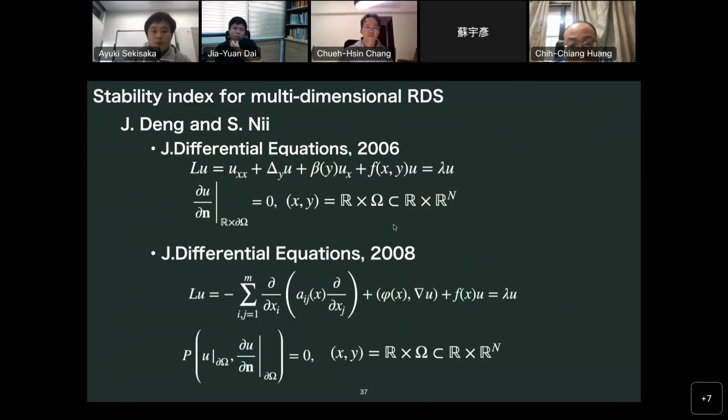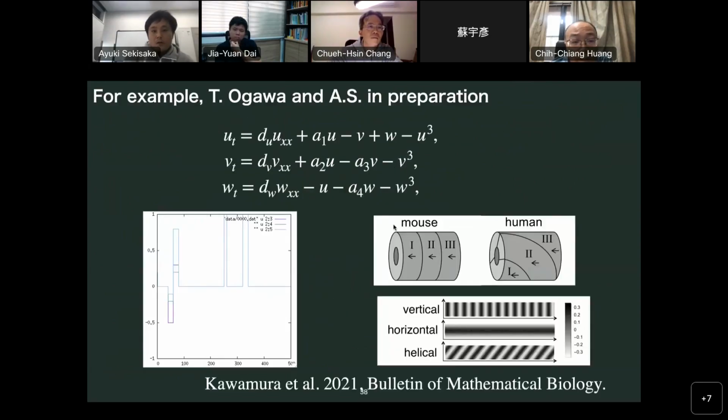The stability index for multidimensional reaction diffusion systems was developed by Dan and Ni. And recently, my research with Toshiyuki Ogawa of Meiji University, we tried such programs.